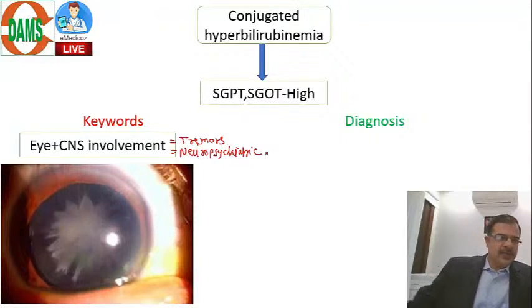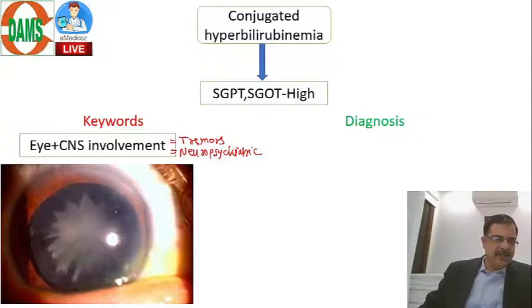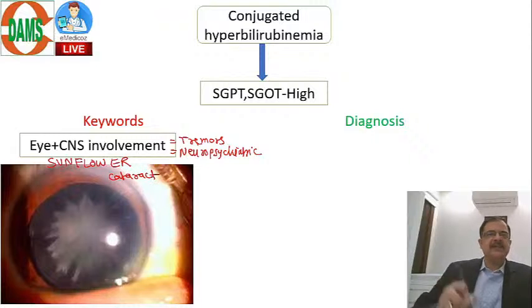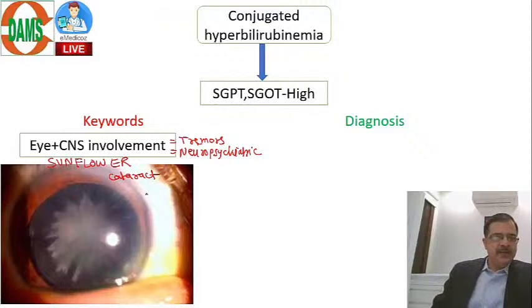And when we look at the eye examination, you can see the lens is affected, the central part has opacity, and this is a classical case of, this is not KF ring. Remember, this is not KF ring. This is the sunflower cataract, which is also seen in cases of Wilson disease, and this will cause decreased daytime vision.